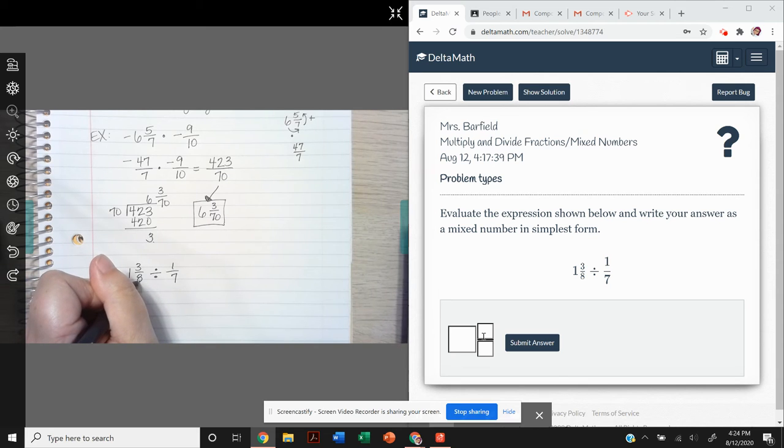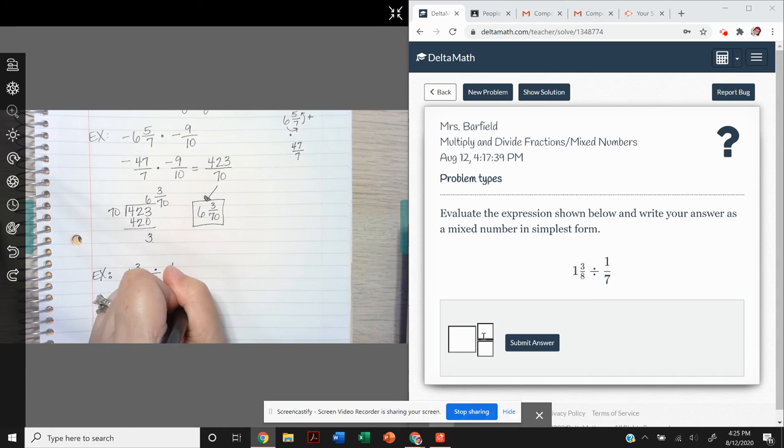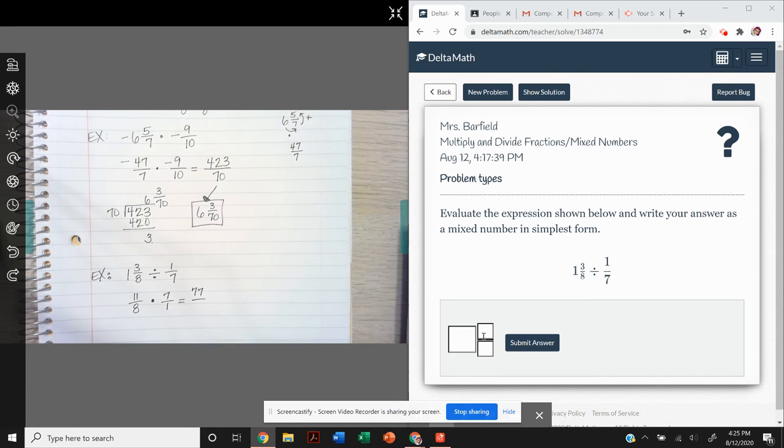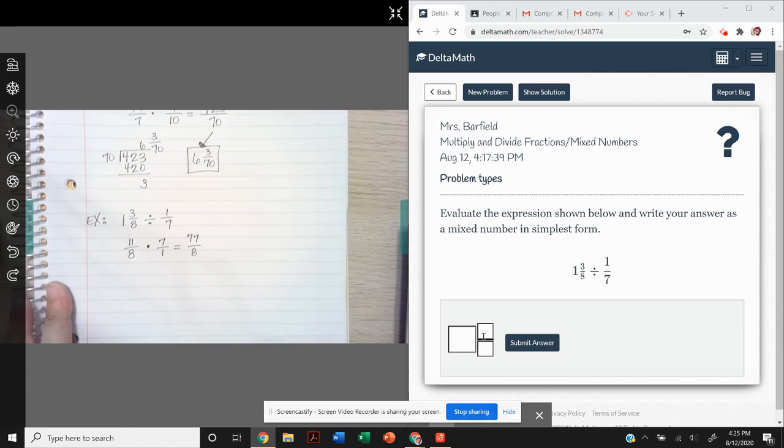So 1 times 8 is 8, plus 3, that's 11 over 8. The divide symbol becomes a multiplication symbol, and then 7 over 1, because I have to flip it. I'm going to multiply across. So 11 times 7 is 77, and 8 times 1 is 8.